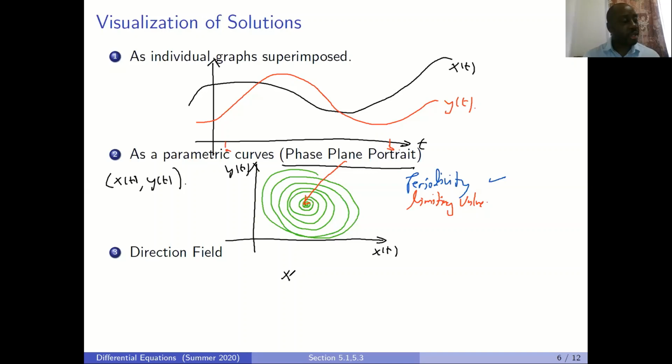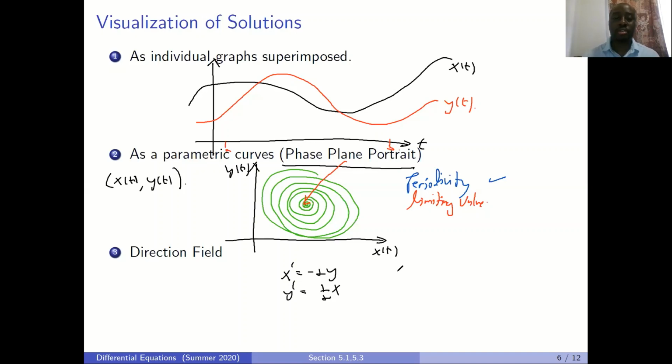So we have that x prime is minus 2y and y prime is 1/2 x. If I want to look at the direction field, remember that the direction field gives us the tangent line at each point, the slope of the tangent line at each point.